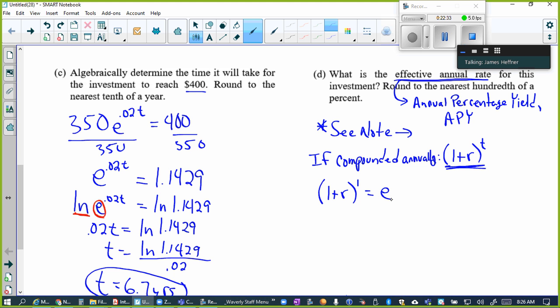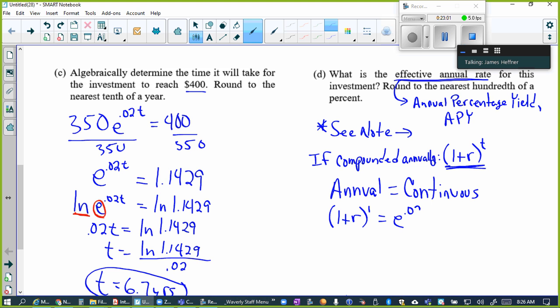This might be more clear. We need to see when the annual equals continuous, and then I'll write them underneath. That's why we do math with pencil. And so the annual was our 1 plus r for 1 year. When does that equal e to the 0.02 times 1 for 1 year?